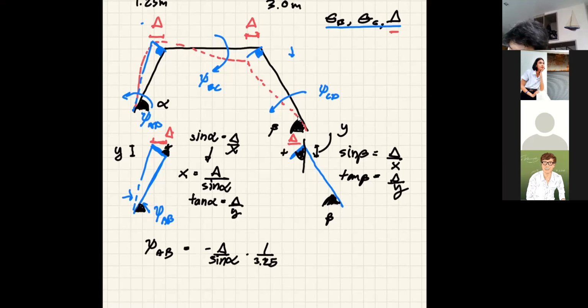The length is 3.25. And the psi CD is minus delta over sine beta divided by the length of member CD, that is 5 meters.